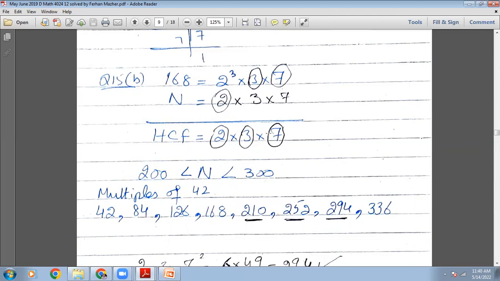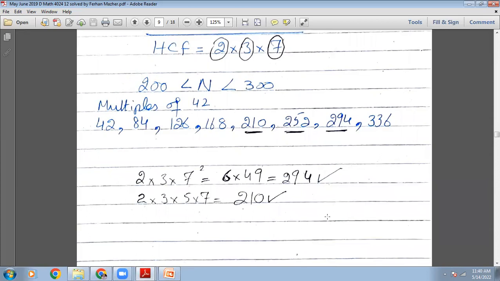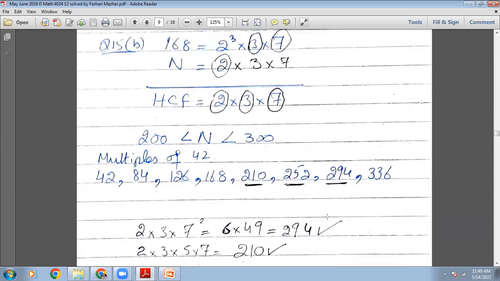Okay, so n is from 200 to 300. I have written here the multiples of 42, which are 42, 84, 126, 168, 210, 252, 294. I will take only those multiples which are also multiples of 168, and they are 210 and 294.